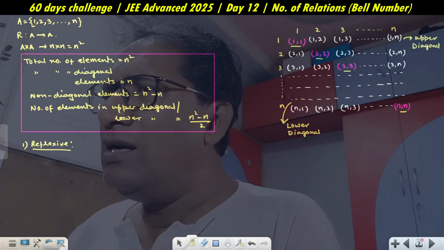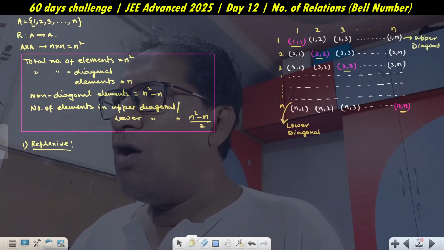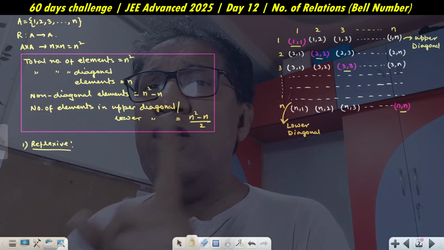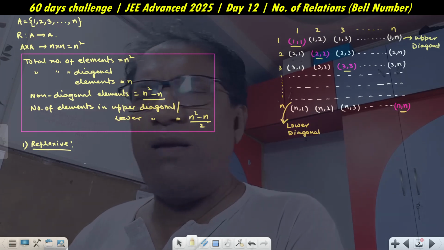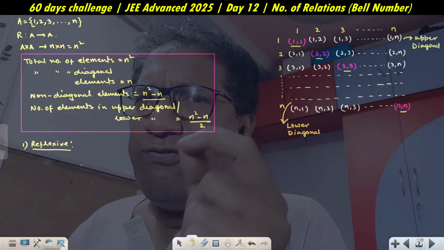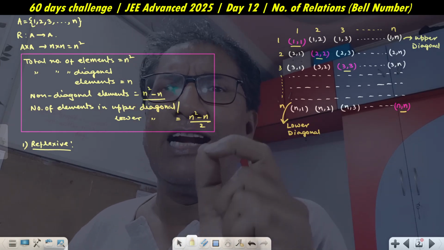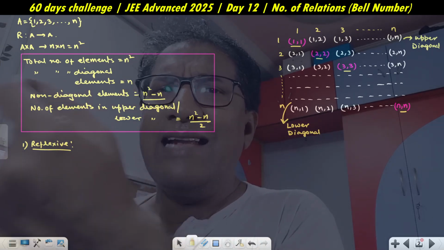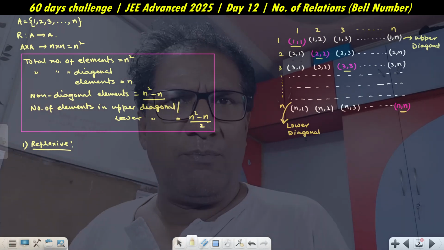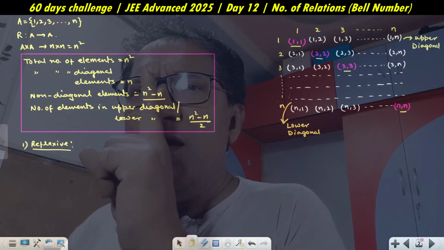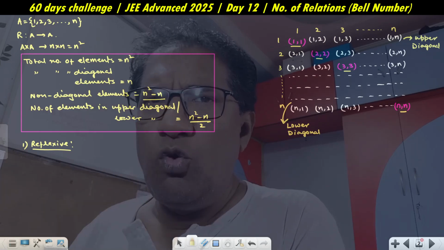Now these diagonal elements are very much there in my relation. Now, we are left with how many non-diagonal elements? We are left with total non-diagonal elements n square minus n. Now, for every such element, there are two options. Either that element can come in my relation or it may not come. So for every non-diagonal element, they have two options.